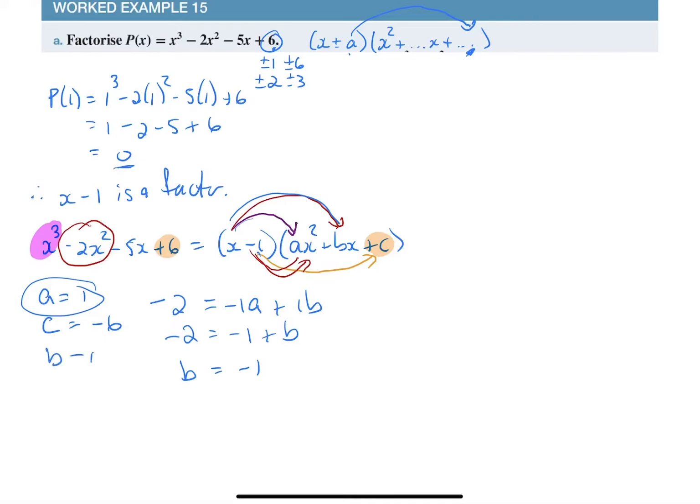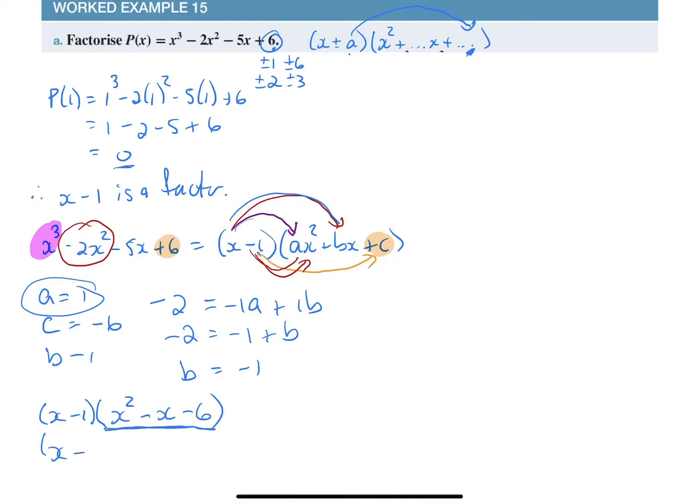So I can see that this all equals x minus 1, and then a is 1, so it's x squared. B is negative 1, so it's negative x, and c is negative 6. So that's the factors. That is what x is. But now I have to find the linear answer of this.